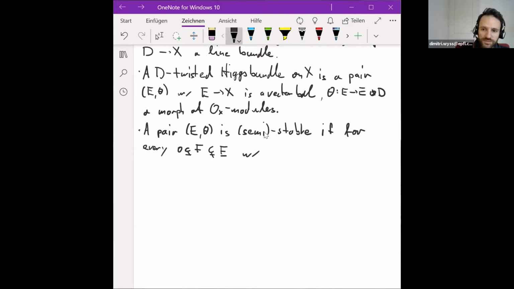That is, we assume that it's preserved under phi. So the image of theta should lie in the image of F tensor D. So given such a subbundle, we require that the degree of F, if you look at this quantity divided by the rank, should be strictly less if we want the bundle to be stable.